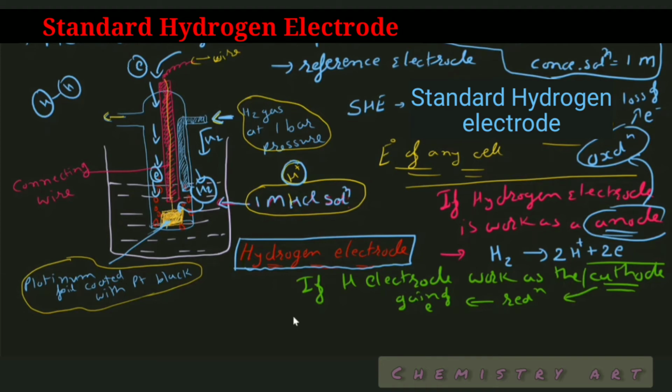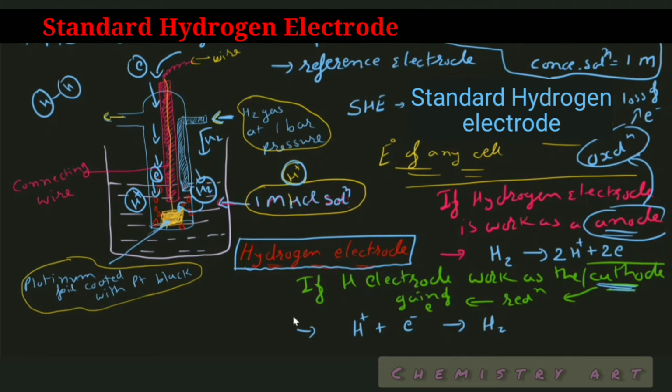So see, electrons will come like this, from the wire to the platinum, and in the platinum plate it is in contact with the H plus ions. H plus is a positive ion, so if we give electrons to the positive ion, it will obviously gain them, and I can write the reaction equation like this. H plus plus e, because one H plus will gain one electron and convert into H, but H2 is forming.